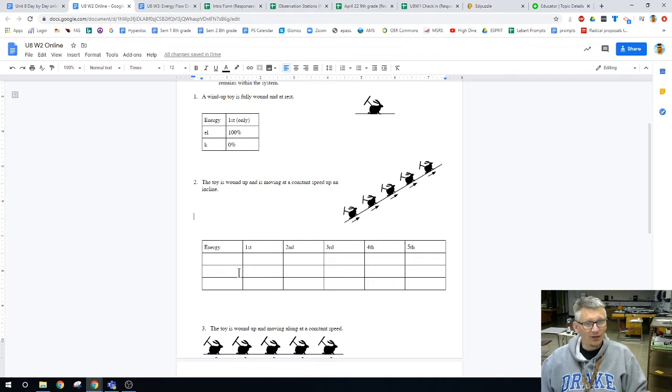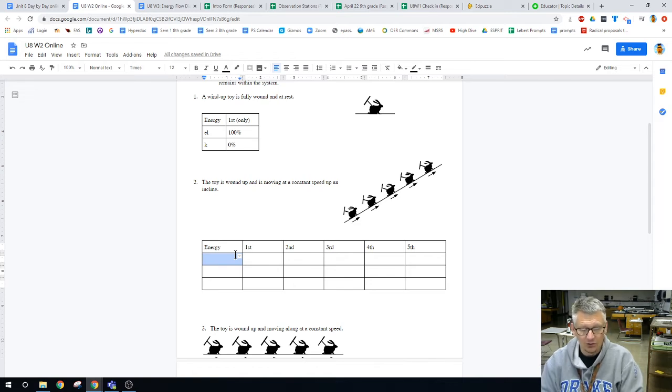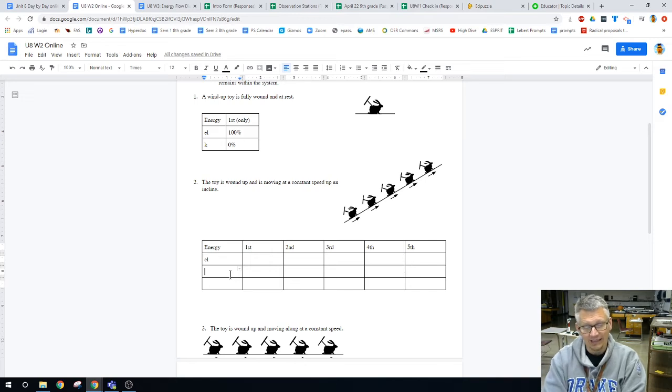So the type of energy that we have is it's wound up. So seeing it's wound up, we are going to have some elastic. And you're going to want to do kinetic, but I won't. It's going up. And seeing it's going up, that's going to give us some gravitational.